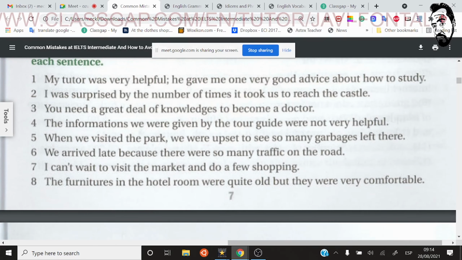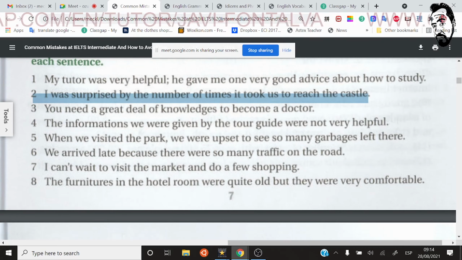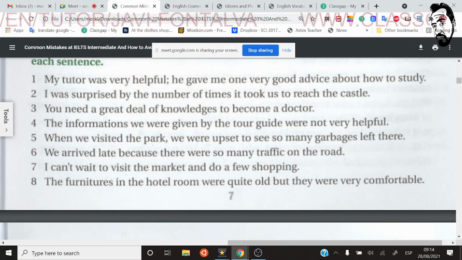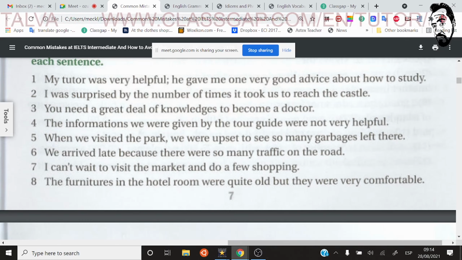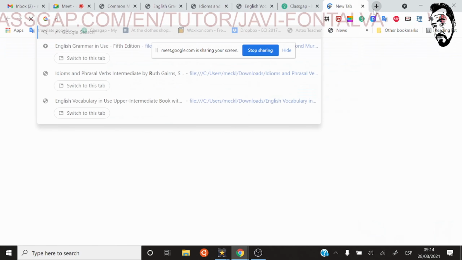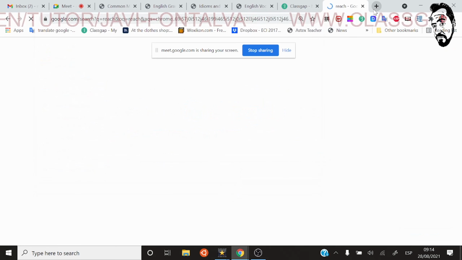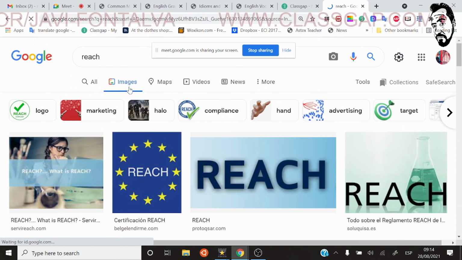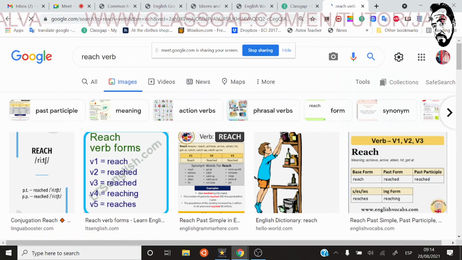Okay, number 2. I was surprised by the number of times it took us to reach the castle. Reach.